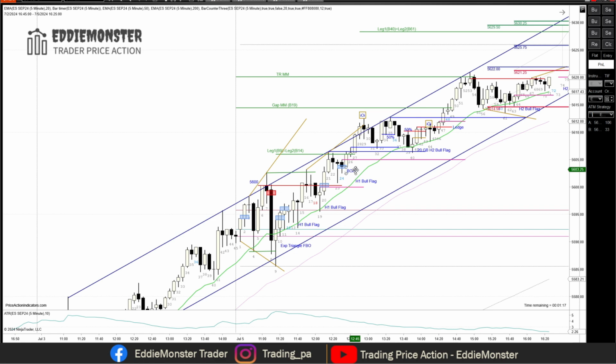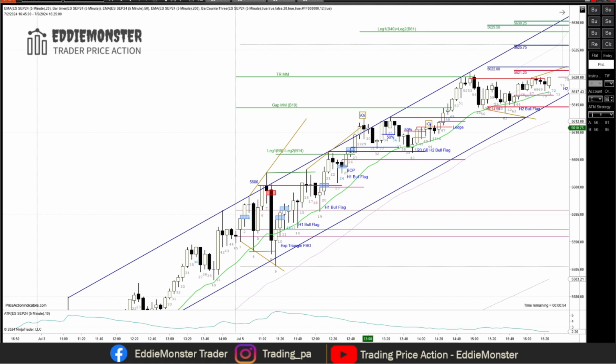This is a breakout pullback, an H1 bull flag. So you can buy that, you can buy 25 too, right? At this moment, you have one, two, and you have the third push up here. You can decide if you exit or you hold it.